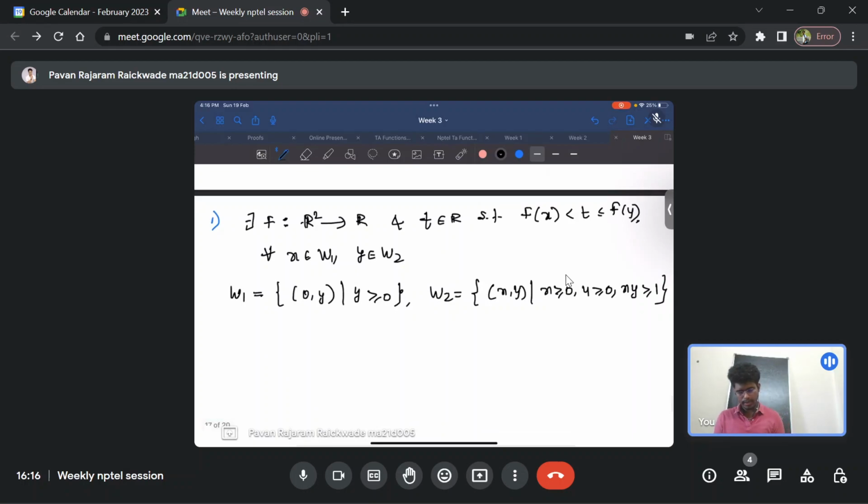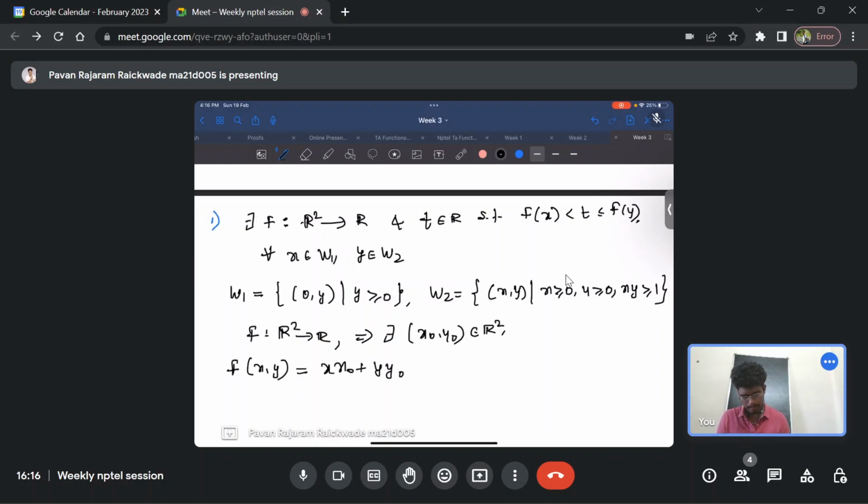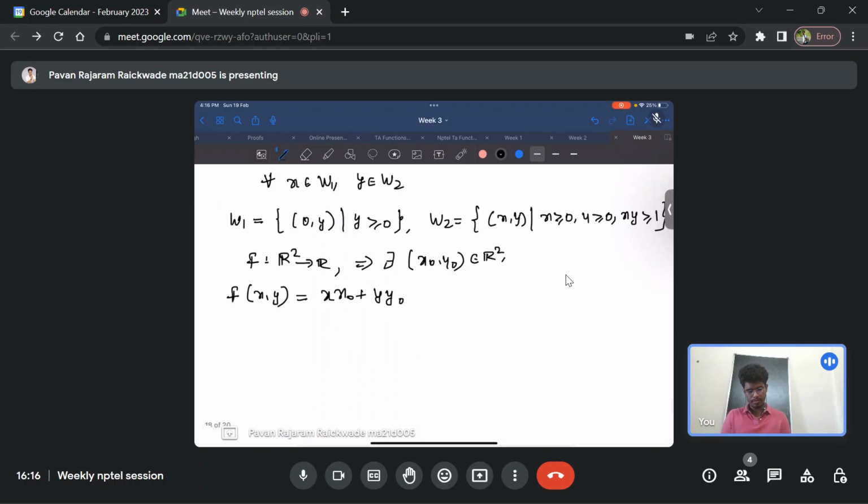Any linear functional f from R2 to R, by the representation theorem, means there exists some element (x0, y0) in R2 such that f at any point (x, y) is simply x·x0 + y·y0. It's just the representation theorem.